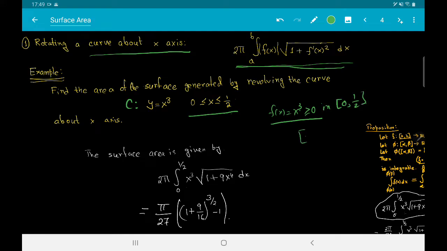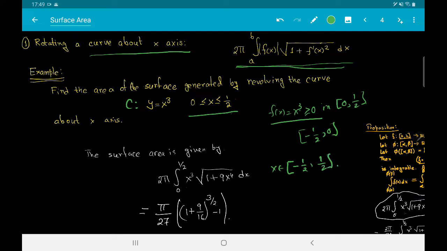If we had considered the interval to be minus half to 0, then it would have been always negative. But our warning was that the curve should not cross our origin, so we could not have taken the region where x varies inside the closed interval, let's say minus half to half.